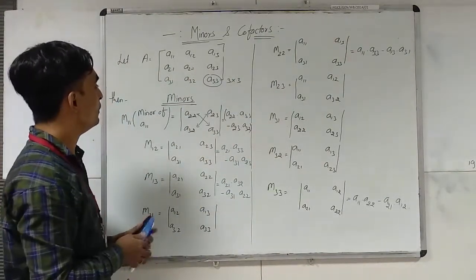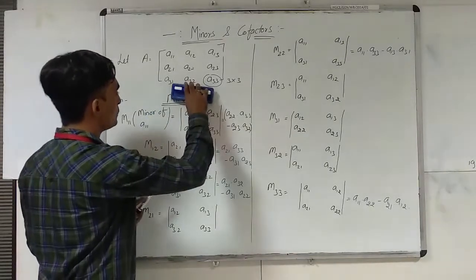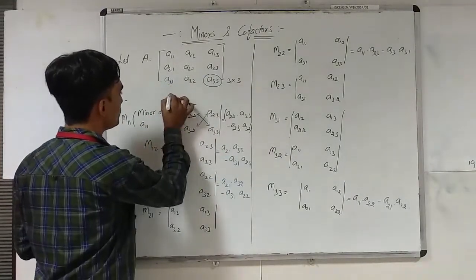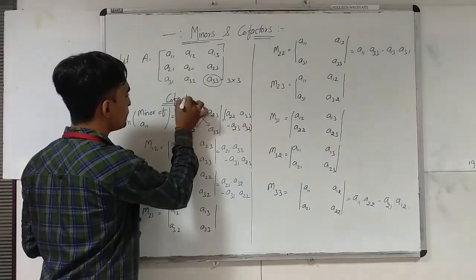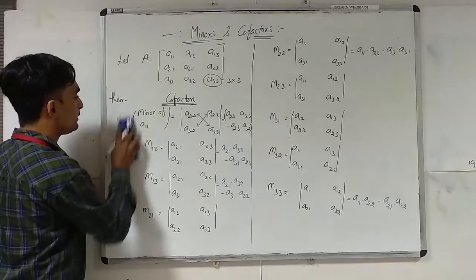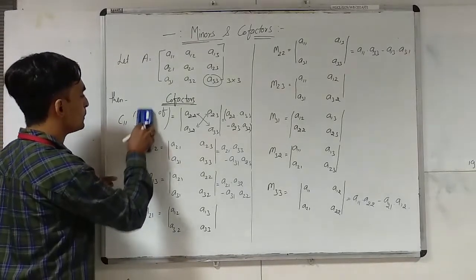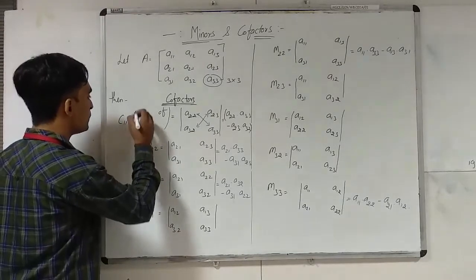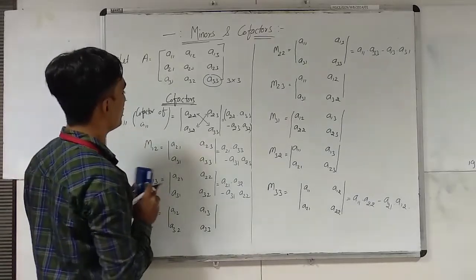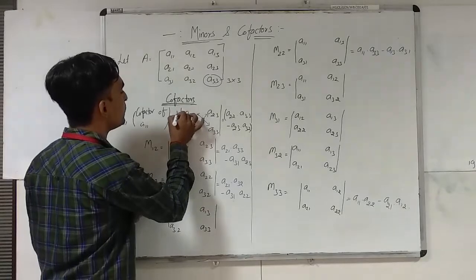Now, one step ahead. For cofactors, what happens? Cofactors. Here I write C11. It shows the cofactor of this entry. It is nothing but minus 1 power 1 plus 1.